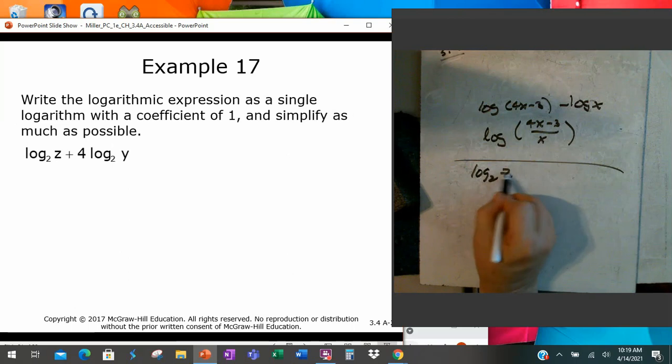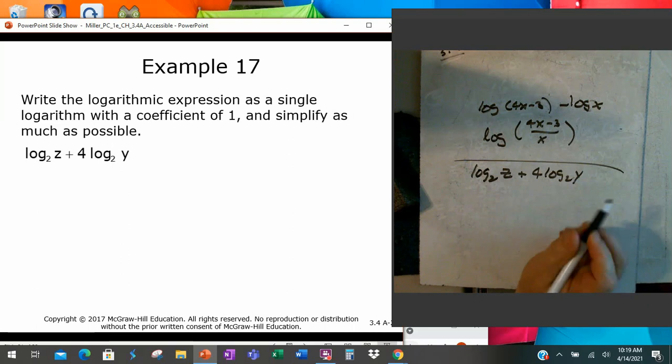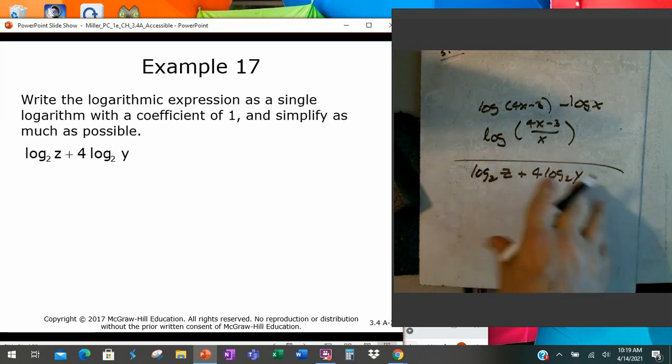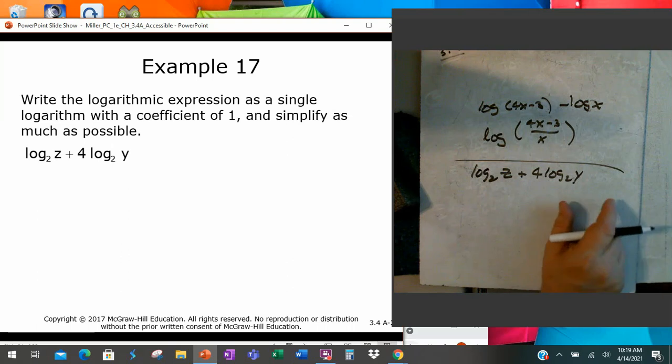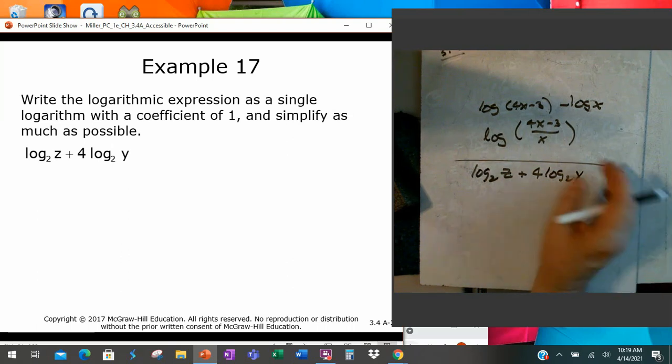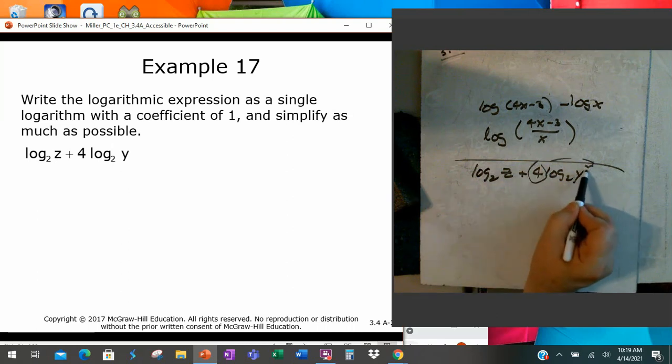Log 2z plus 4 log 2y. The order that I followed through breaking them apart, multiplication, division through the subtraction, and then I did the powers. That's kind of what I want to do here. Before I bring these back together, I've got to take care of the powers and bring them back here.